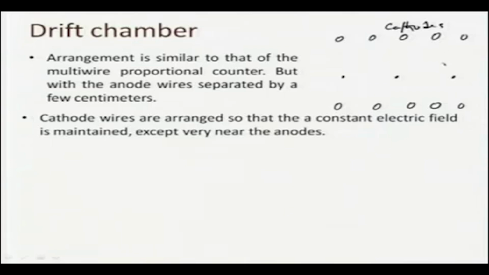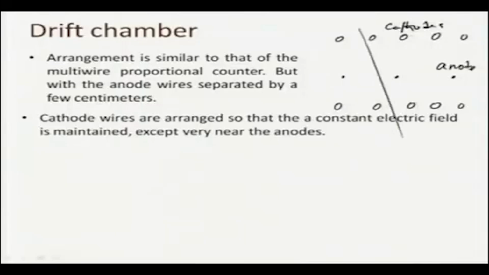Okay, this is anode. The cathode wires are arranged so that in most of the region, excepting very near the anodes, the electric field is constant.